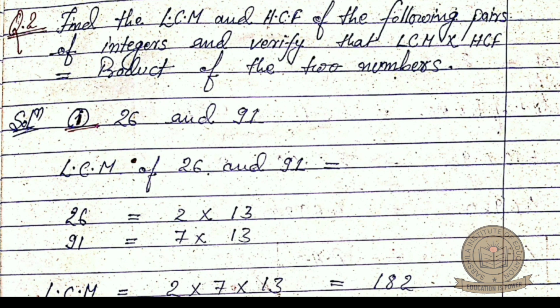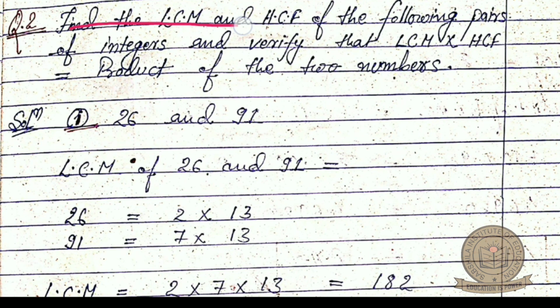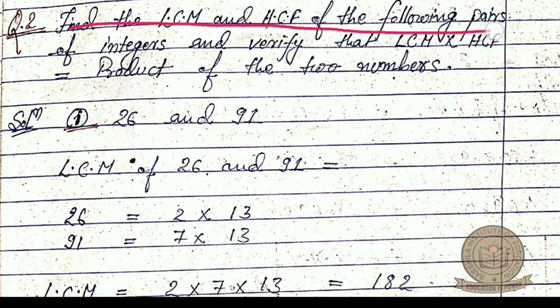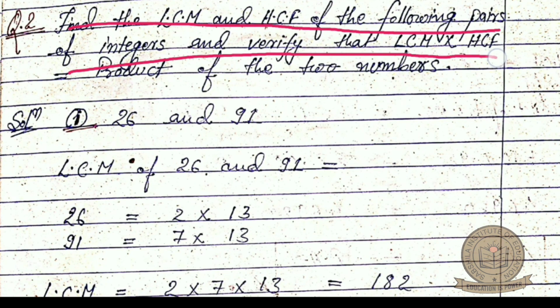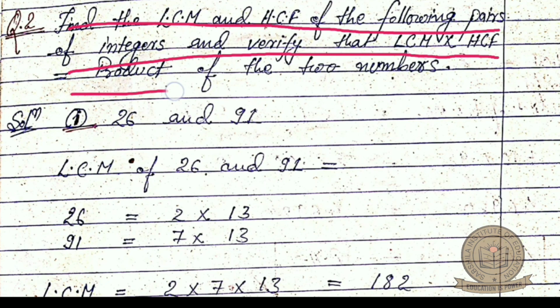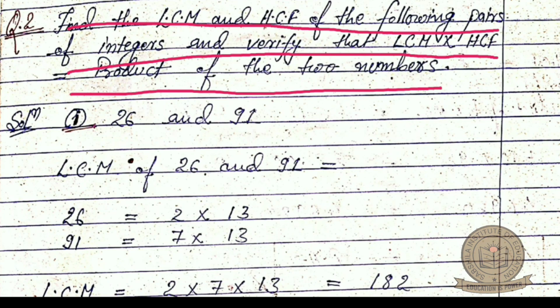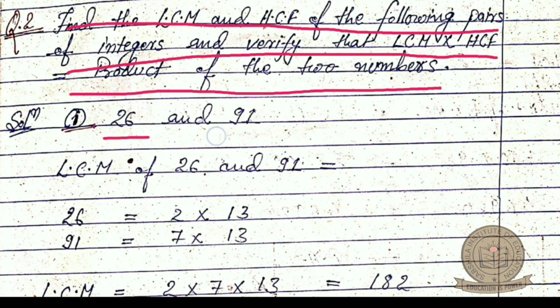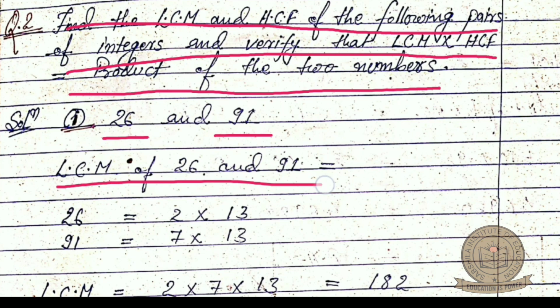If you see question number 2: find the LCM and HCF of the following pairs of integers and verify that LCM into HCF is equal to the product of the two numbers. Let's see the first pair, 26 and 91. You have to find the LCM of 26 and 91.